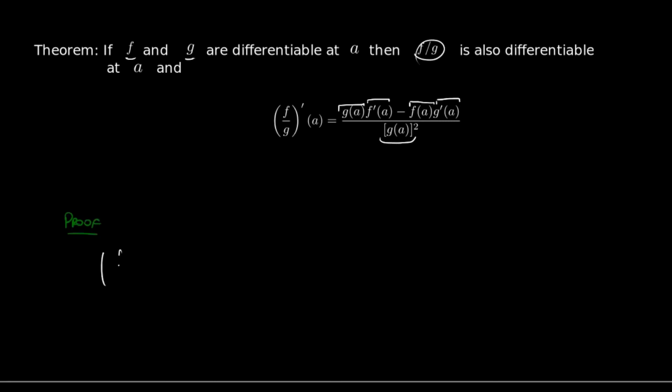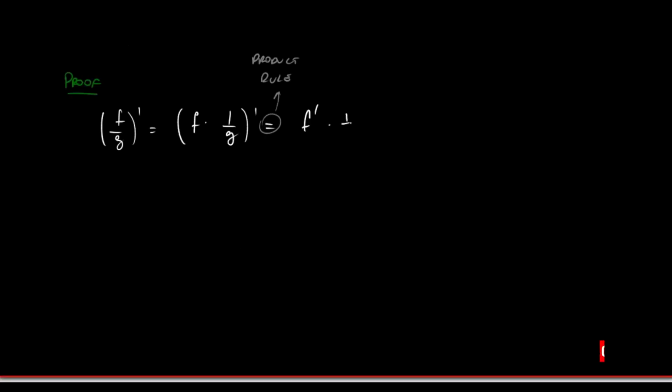We're gonna use all the things we learned so far. So I can write this as f times 1 over g. And here I can just use the product rule. So this would be the derivative of f times 1 over g in a, plus the derivative of 1 over g times f in a.